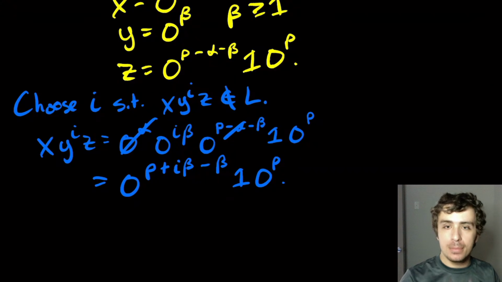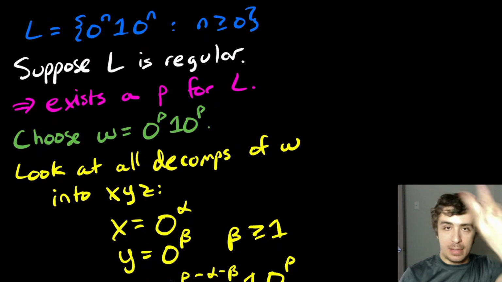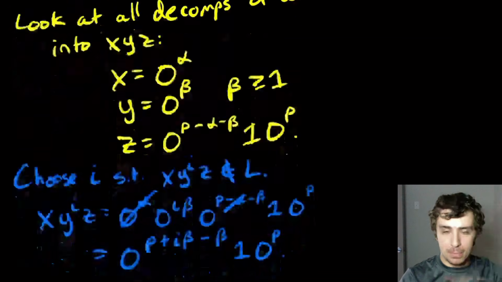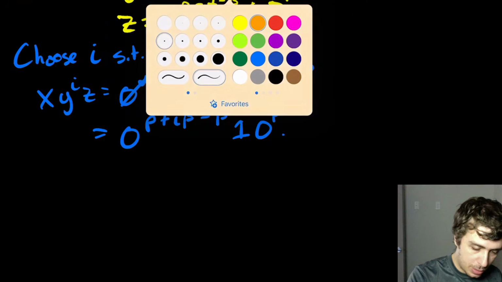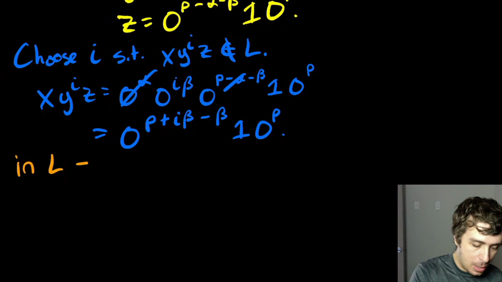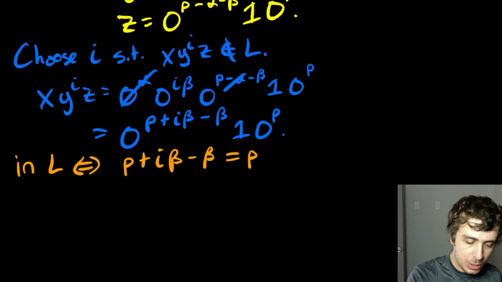Well, the only way that this thing could be in the language at all is if the two exponents are identical. So this is in L if and only if these two numbers are the same. So let's write that down. This is in L if and only if P plus I beta minus beta equals P, because those are the two exponents.